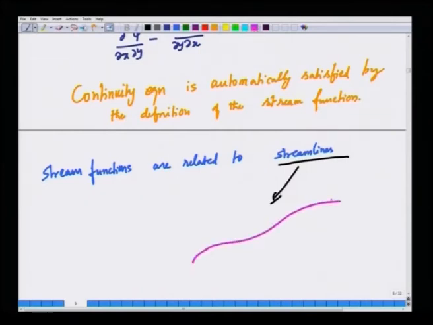Suppose you have fluid, let us just first draw the fluid velocity vector. Suppose at each and every point the velocity vector is pointing in this direction. We can connect at each and every point a line that is tangential to the fluid velocity vector, and such a line is a streamline.